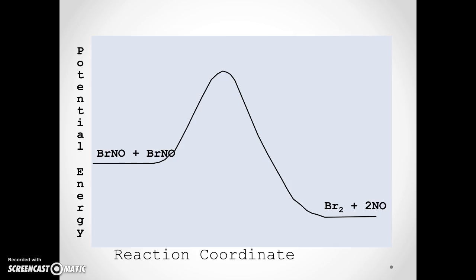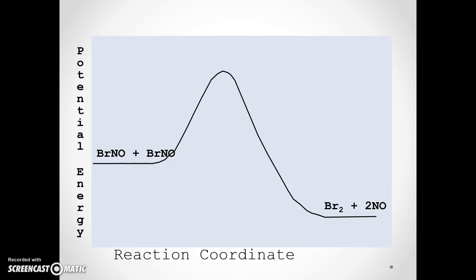What I want you to notice is on the left side we have the reactants, on the right side we have the products. We have the bromine nitrosyl and the bromine on the left, or on the right, the diatomic bromine and the nitrogen oxide on the right side as reactants. The BrNO on the left as a reactant is higher with respect to the energy, which is the y-axis, than the products are.